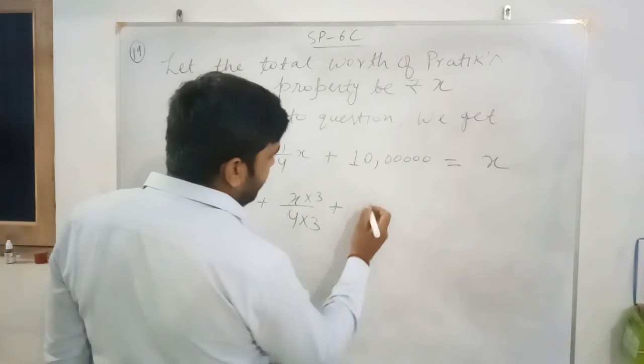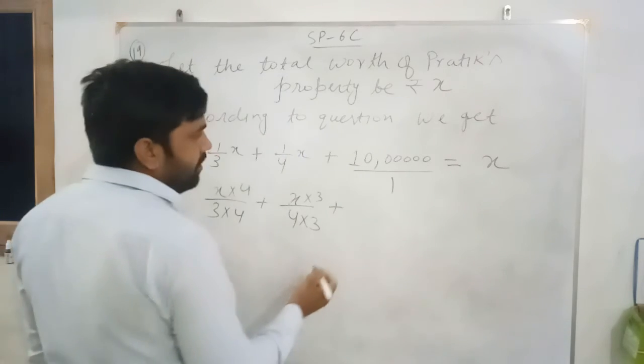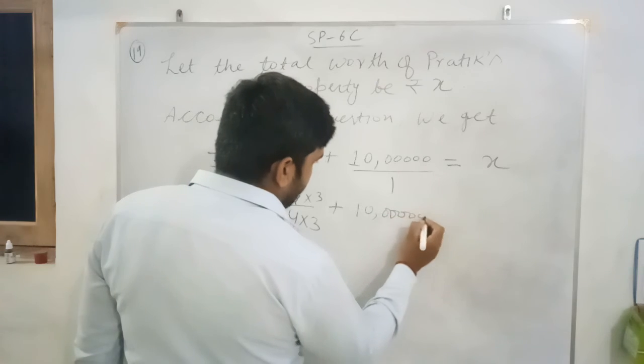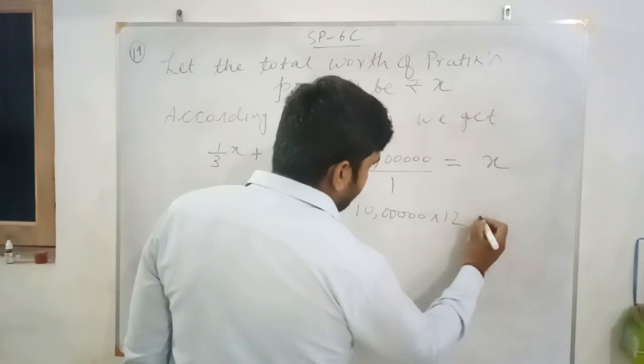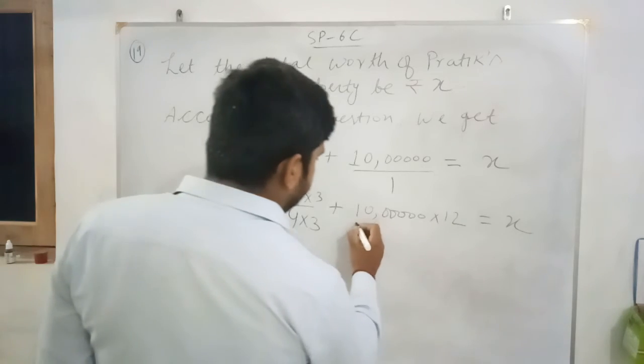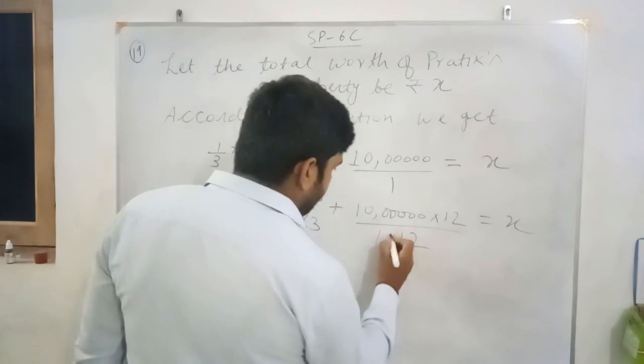Plus here you multiply in the 10 lakh by 12, because the denominator is 1. So here you get 10 lakh multiplied by 12, and 12 at the bottom also.